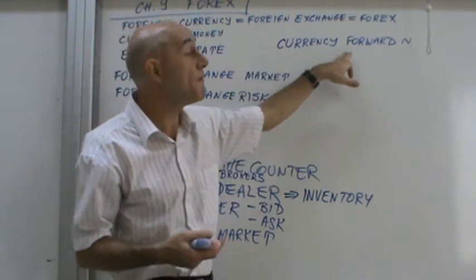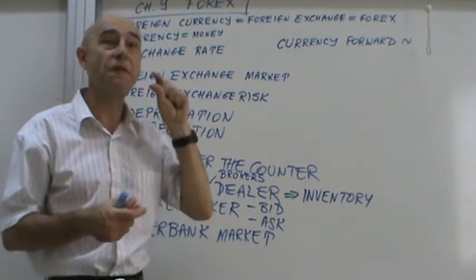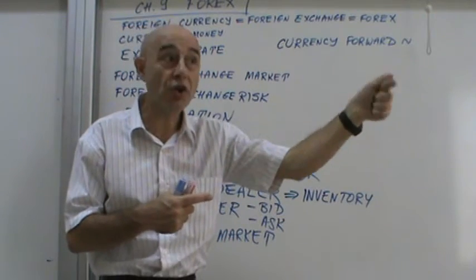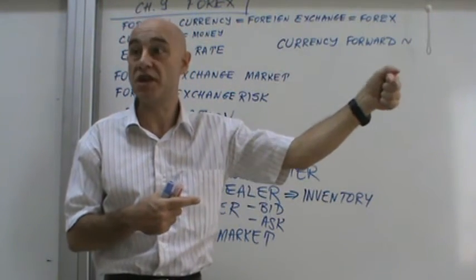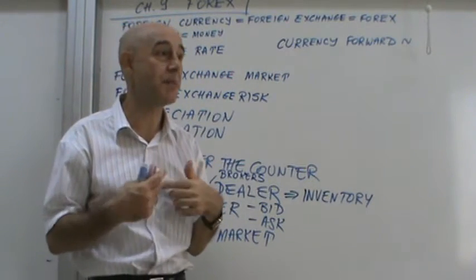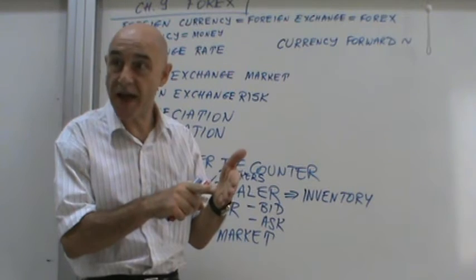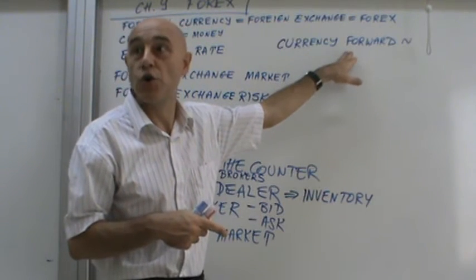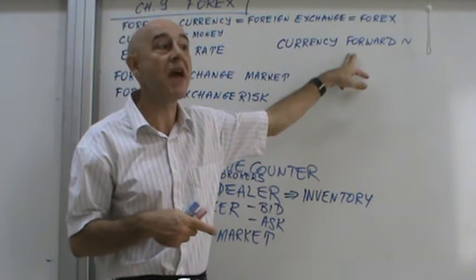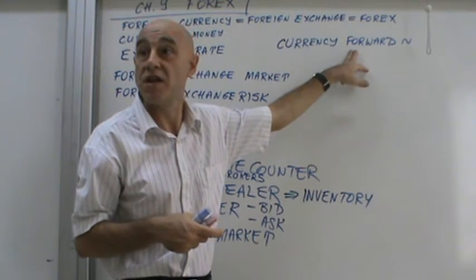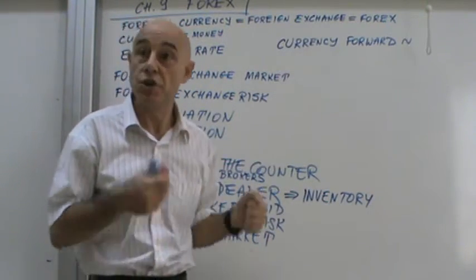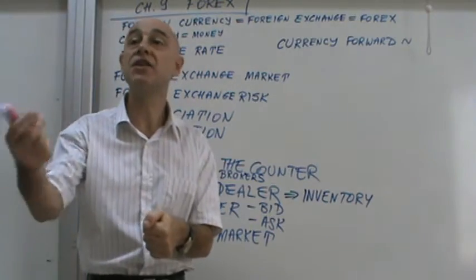Well, in a currency forward market, you will fix the exchange rate today to make the exchange 3 months from today when you need the Japanese yen. So they say, we want you to pay us in Japanese yen. So you go today in the bank or somewhere who will say, okay, today we fix the exchange rate at so many dollars per yen. 3 months from today, after 90 days, you go there with the dollars and they'll give you the yen.